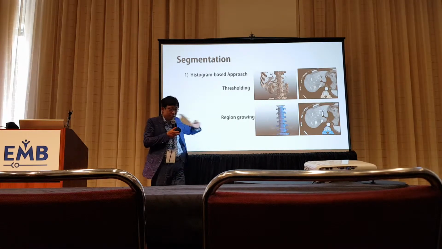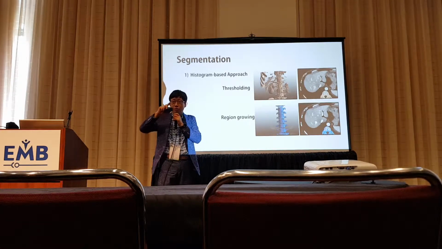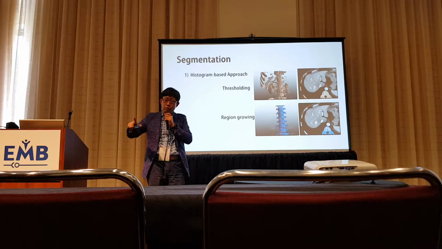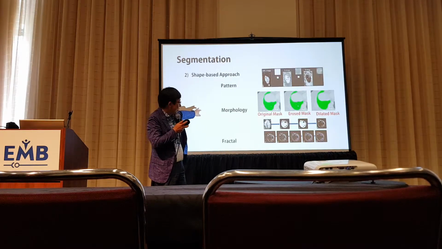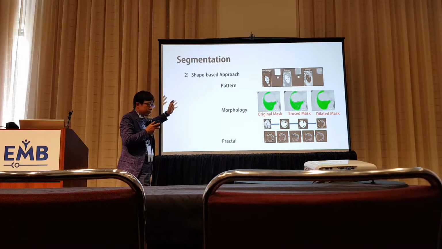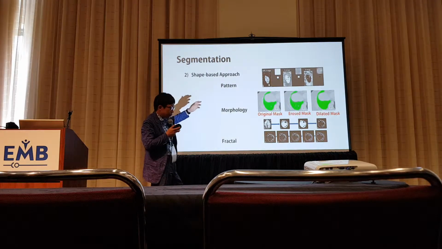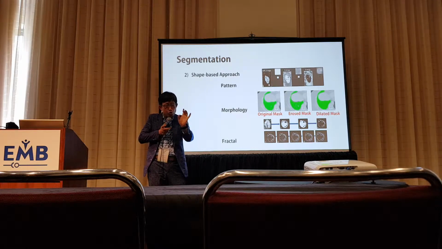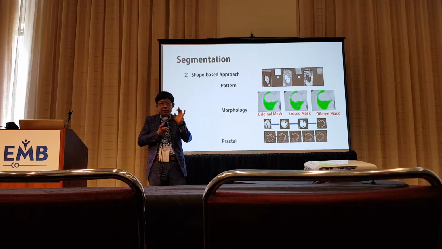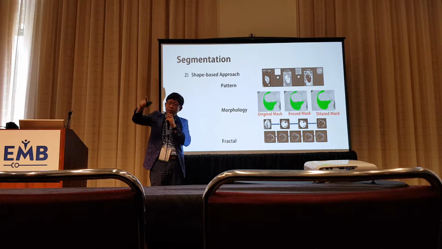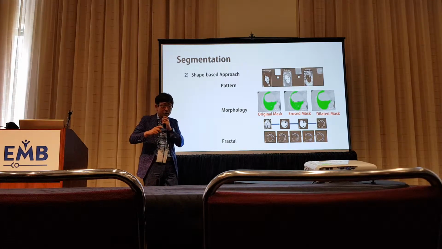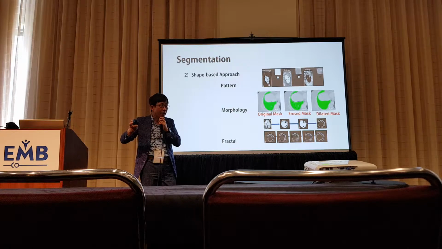Another way is that the nearby structure is regarded as the same organ, so we can use the region growing way. And another way of segmentation is the shape difference, shape-based segmentation. The kidney is something like a bean, the heart something like a pear.